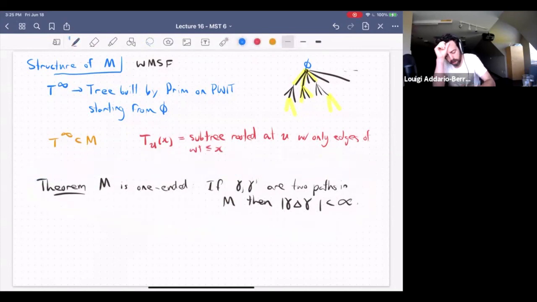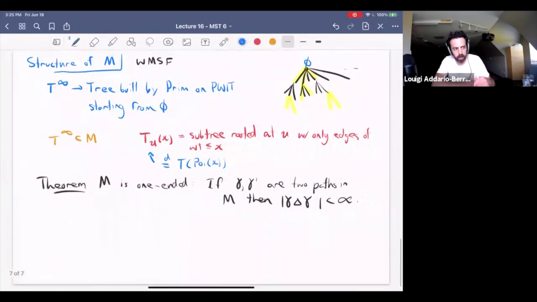And remember that this just says for every node, you look downwards, and in my drawings now it's downwards. So you look downwards from U, take all the edges of weight at most X, then from whoever you chose, they look downwards, take all edges of weight at most X. And this is distributed as a Poisson X Galton-Watson tree. Not independent for different nodes, but from any fixed node, it's a Poisson X Galton-Watson tree.